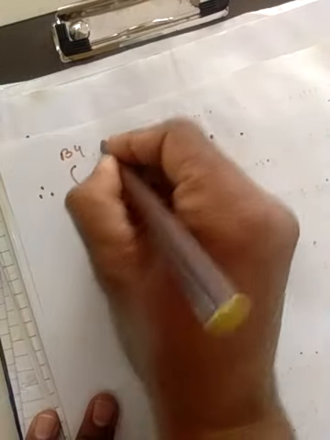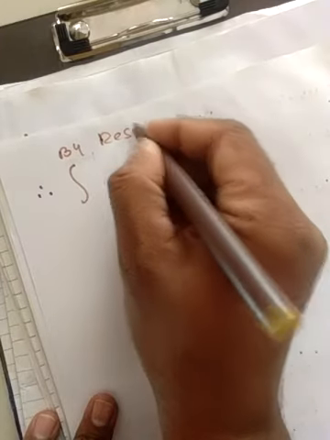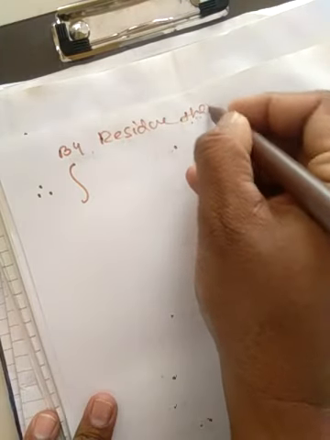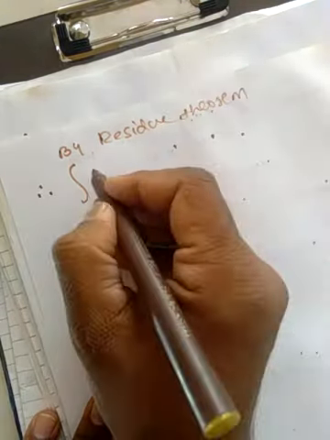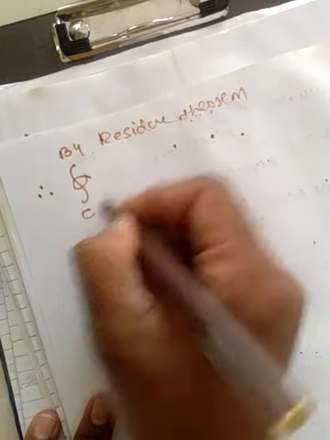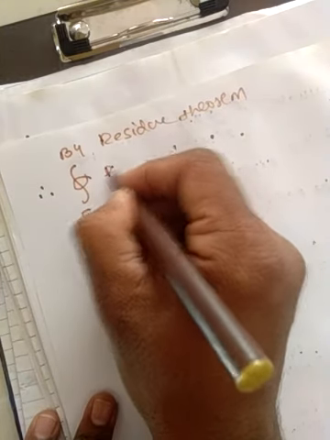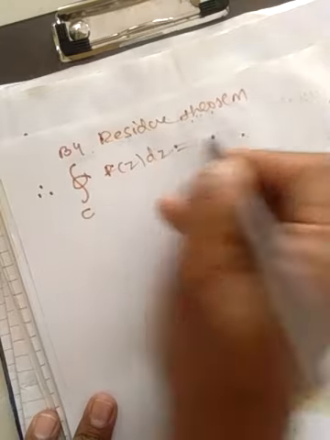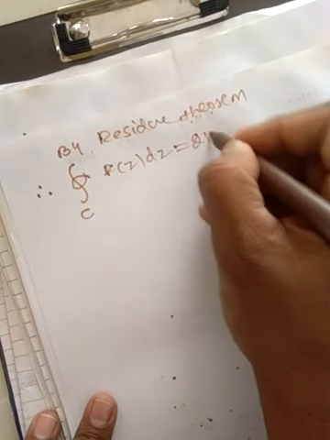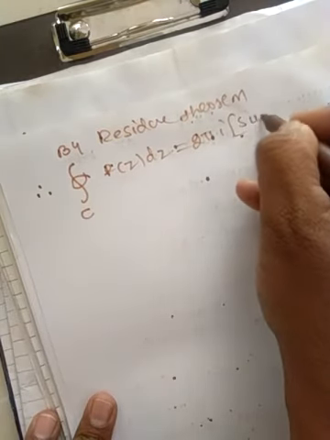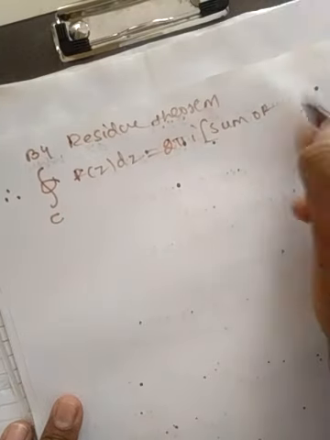So therefore, by residue theorem, integration over C of f of z dz is equal to 2 pi i into the sum of residues.